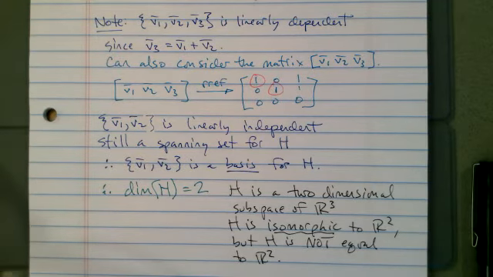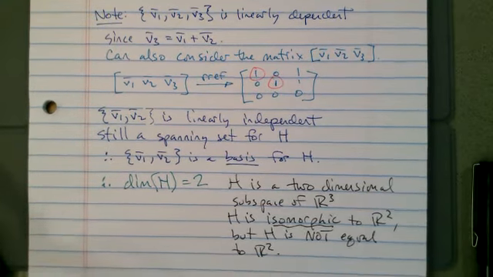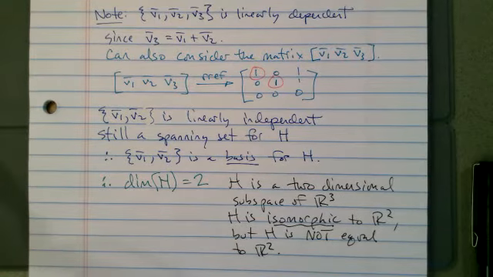Isomorphic is a different kind of equivalence relation. Just like a matrix is not equal to its reduced row echelon form, it's row equivalent to its reduced row echelon form. Any questions?